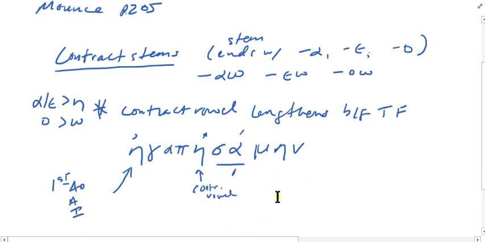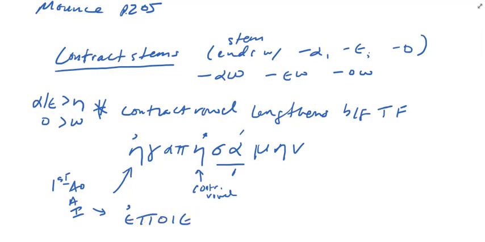Real quickly, let's just think about poieo. The stem of that contract verb, to do or make, is poiea. So if I want to make it first aorist active, what do I do? First thing is I add what at the beginning? Augment. So here I have a P, so I'm going to add the epsilon for the augment. The epsilon is a contract vowel, so it lengthens to what? It's got to go to eta. That's right. So I have poi a.